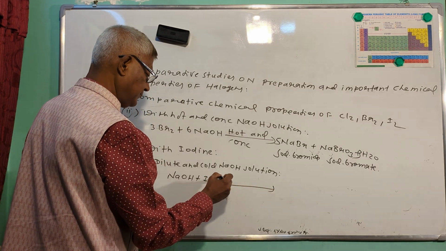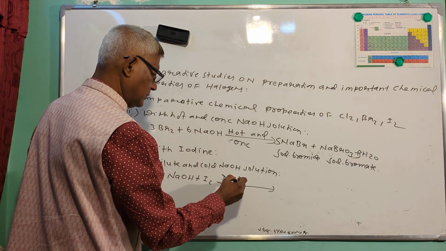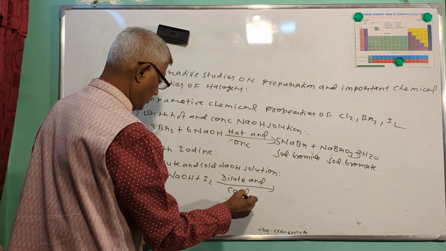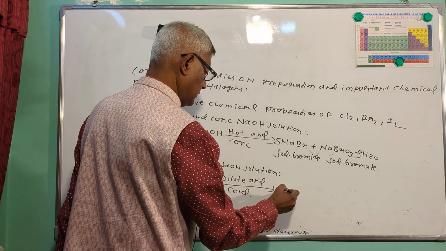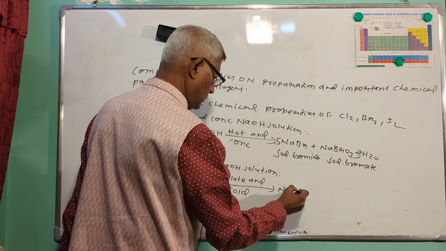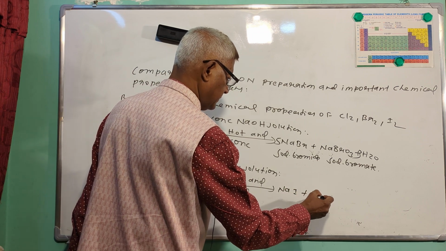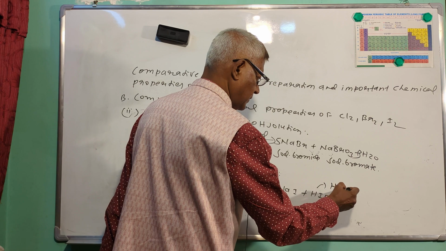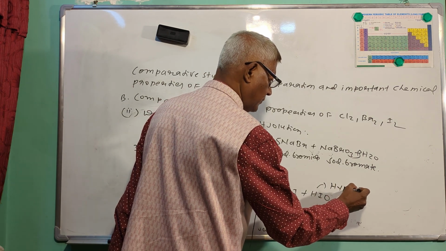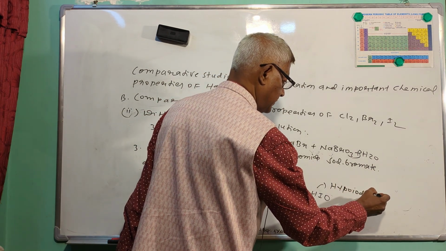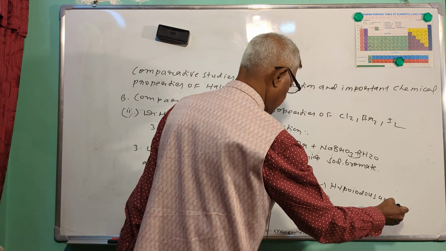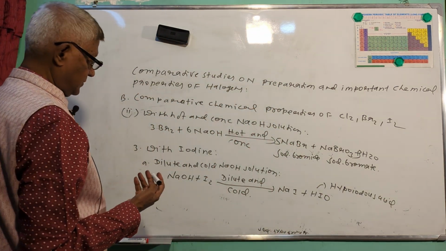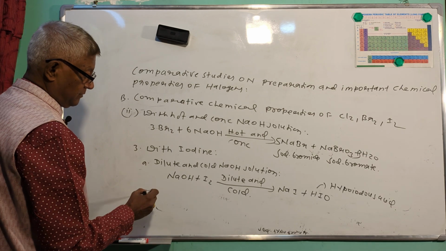Condition is dilute and cold. So what do we have? Sodium iodide, HIO, that is known as hypoiodous acid. It's already balanced, I think. That is already balanced.